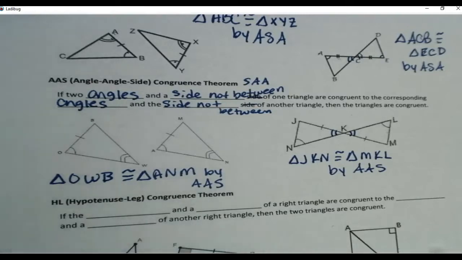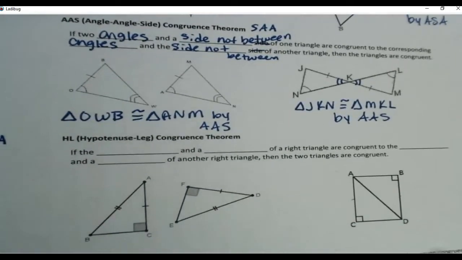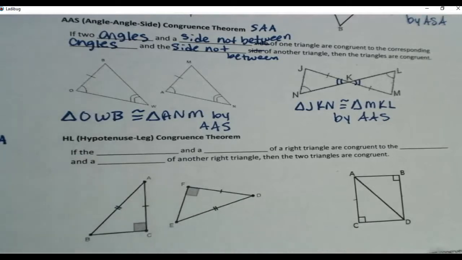Good. So then our last one is specific to right triangles. It doesn't mean that every single right triangle is going to be hypotenuse leg, but if it's a right triangle, it can be hypotenuse leg. Okay? But it's only hypotenuse leg if you know the hypotenuse and leg.